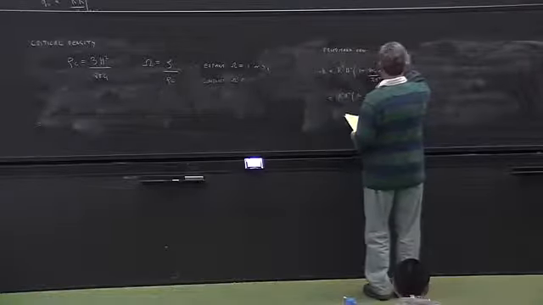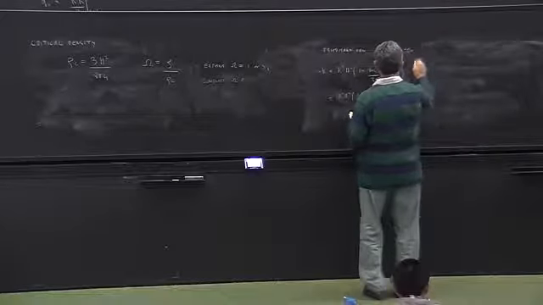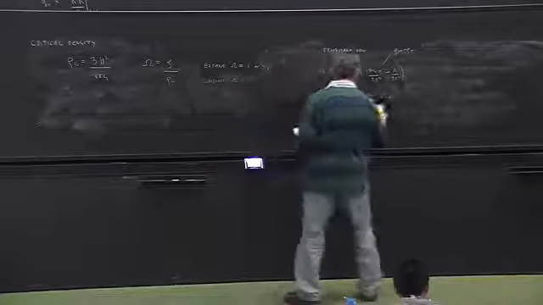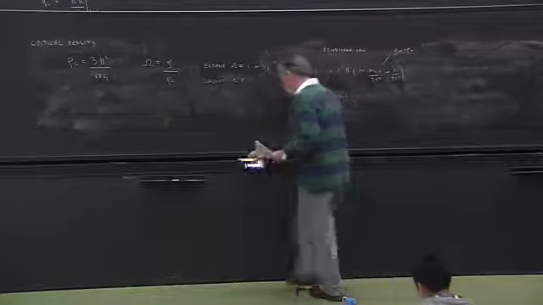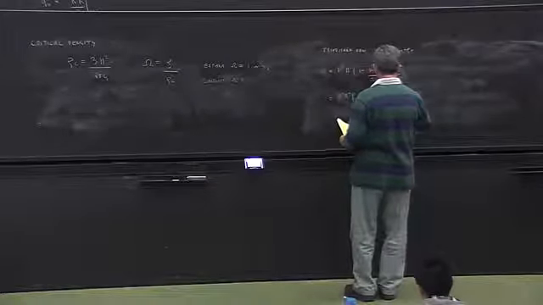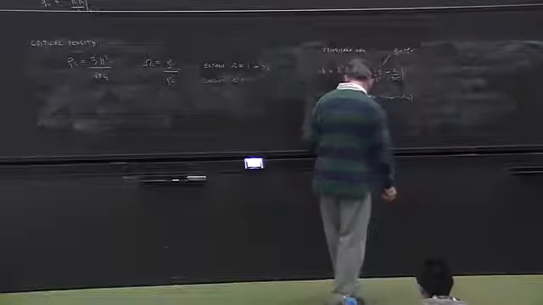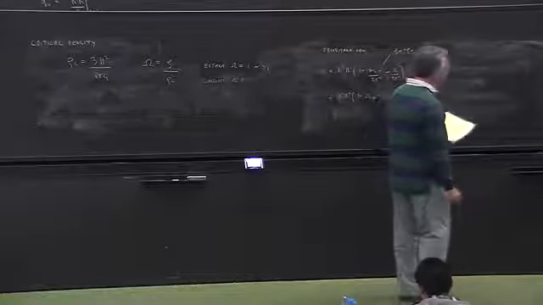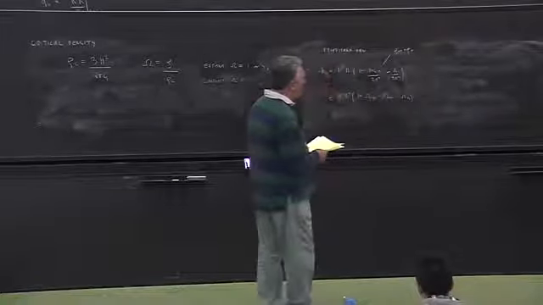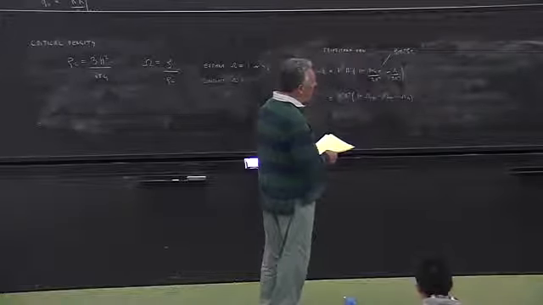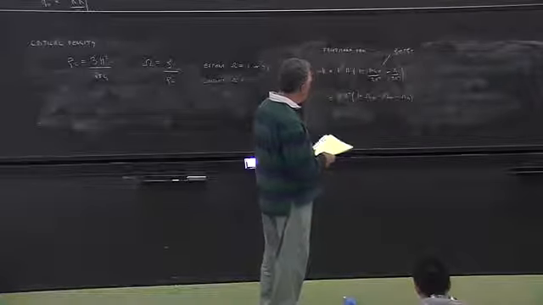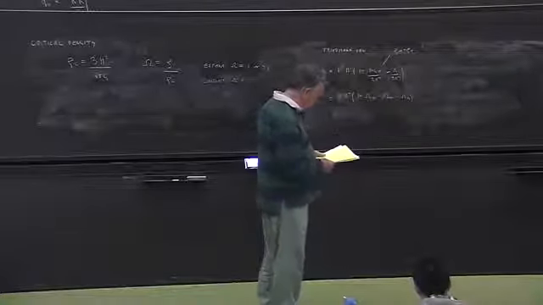Well, actually, this is rho matter plus rho radiation, both. So we could put in another term for the radiation. And don't forget, rho, omega is going like one over r to the fourth in the case of the radiation, 1 over r cubed in the case of the matter, and constant in the case of lambda.